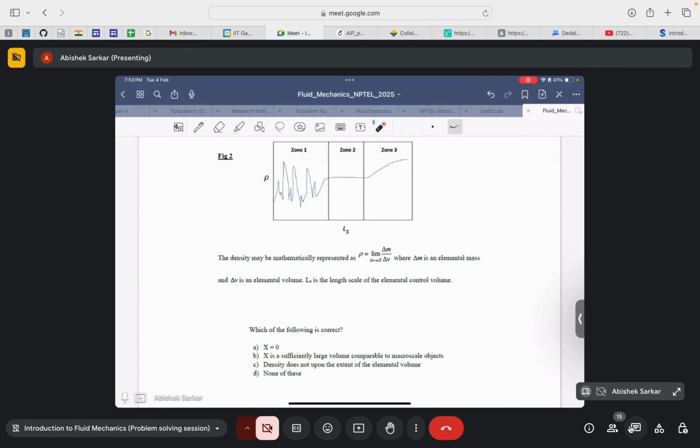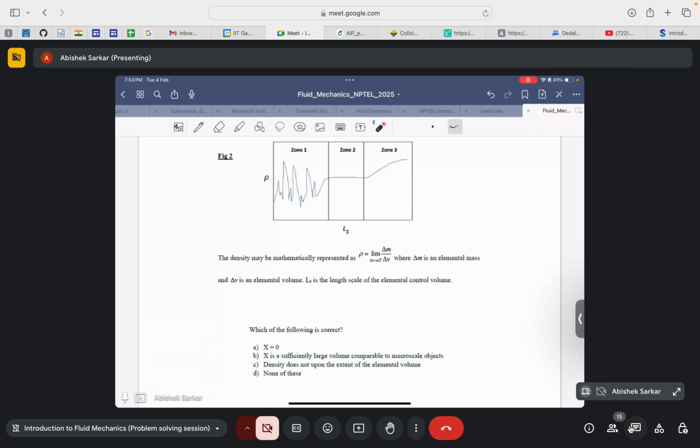This mean free path of the fluid molecule is much smaller than the macro scale, where the macro scale of the fluid flow is defined by the characteristic length scale of the fluid motion. There have been extensive discussions about what the characteristic length scale of fluid motion is and how it is different from the mean free path of the fluid molecule. So keeping that idea in mind, since they are saying that x should be a sufficiently large volume compared to macro scale regions, that is again wrong.